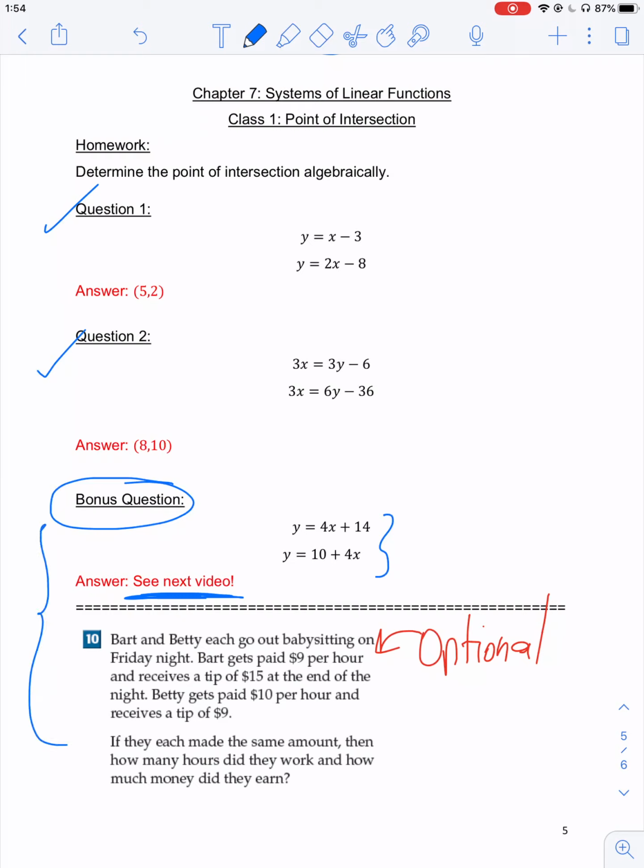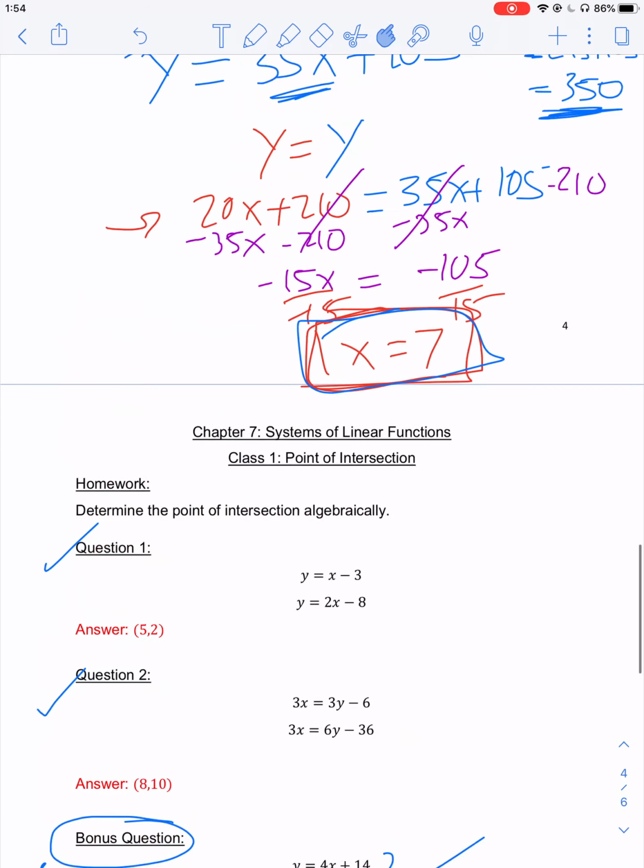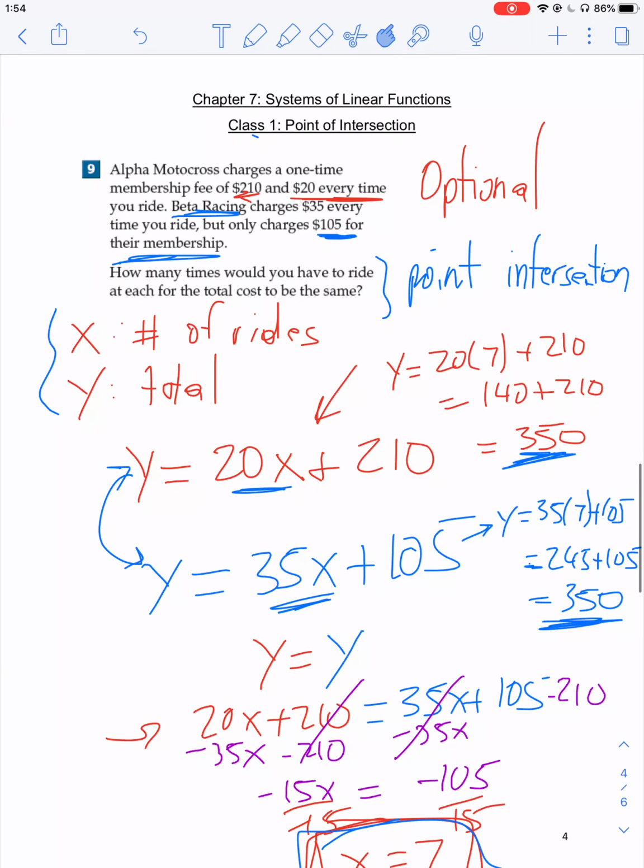If you would like to challenge yourself, do these, and I'm going to be posting the next video on Tuesday, so on Tuesday you will see what the solution is. But I think most of you should be able to do this question if you were watching me.